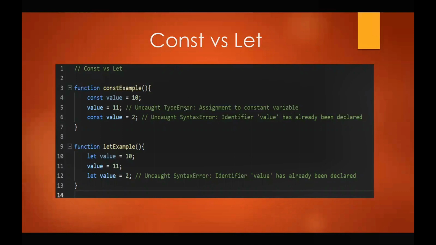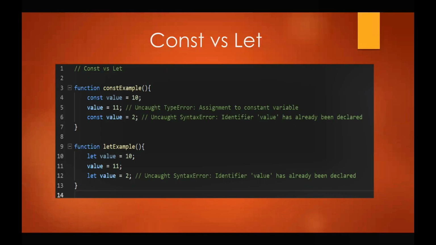A type error will come. In the sixth line, we are trying to redeclare the const value, which we already declared in line 4. This also throws us an error saying value has already been declared. So a const variable cannot be reassigned, cannot be redeclared.